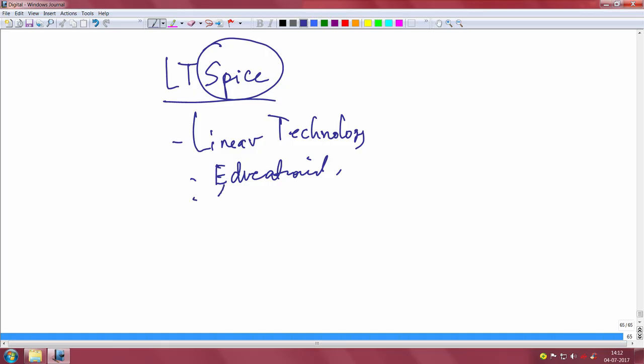It has a number of component models available. Essentially any component manufactured by Linear Technology, you can simulate the circuit. Basically this is called circuit simulation.